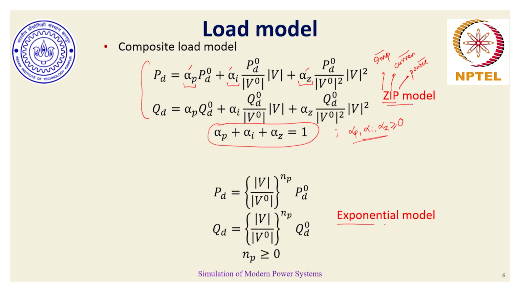That is where comes the more generic model called the exponential model, where the exponent NP is usually a positive quantity and can take any real number greater than 0, depending on how nonlinear the load behavior is. So for the constant power model NP was 0, for the constant current model NP was 1, and for the constant impedance or admittance model NP is 2.